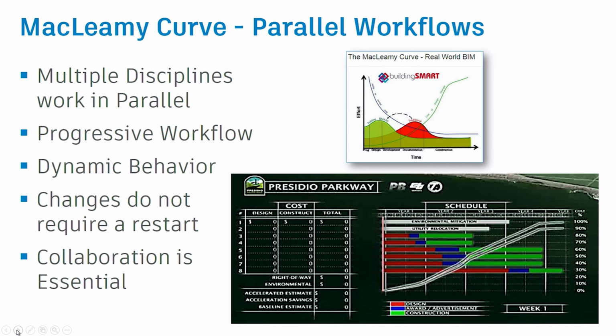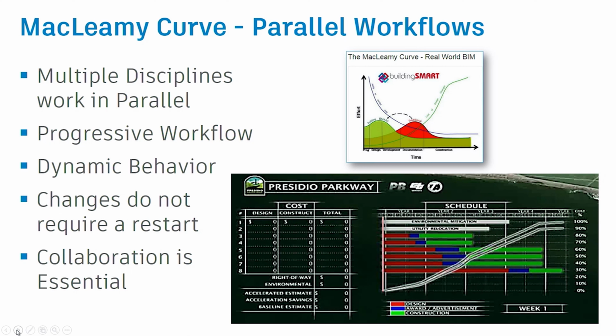Now, the way that this works is that we start to split out the disciplines so that the bridge designers are working at the same time as the civil engineers are doing the grading and the abutment work and all that. And because of our dynamic objects, and again, another principle of BIM, we can be successful in running these things in parallel.